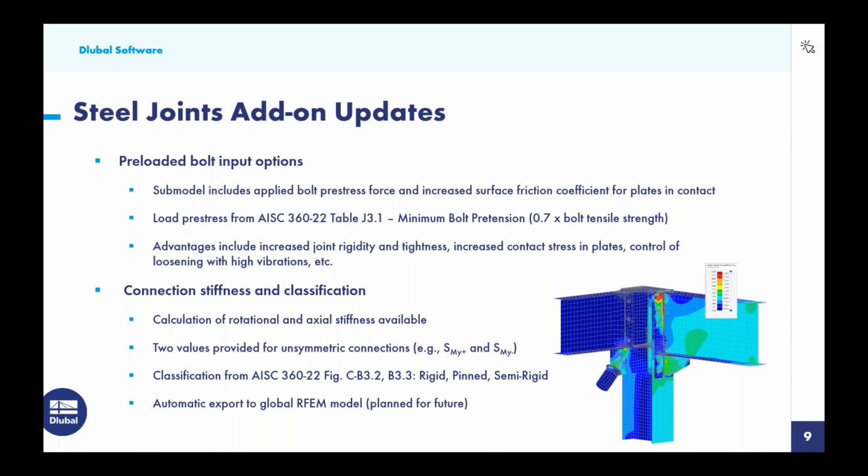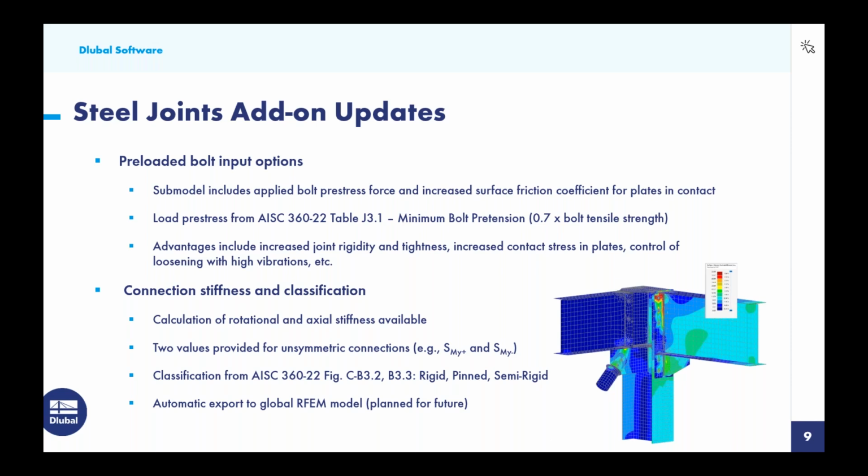In addition, we're going to see an increased surface friction coefficient for those plates that are in contact. Now, the pre-stress within that submodel does come from AISC table J3.1, and we're going to reference that 0.7 factor times the bolt tensile strength.